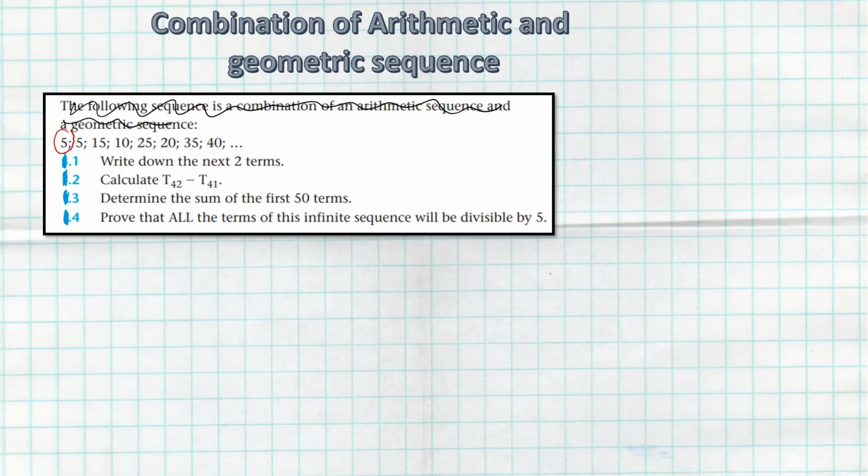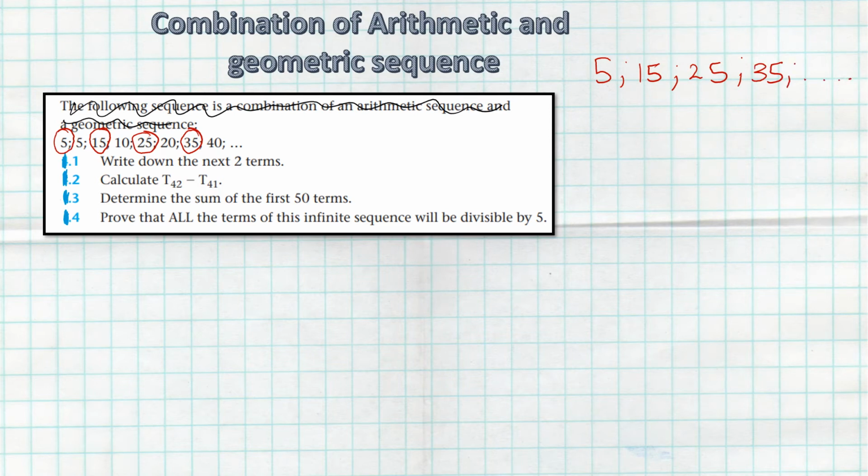You highlight the first one, skip the following one, highlight the next one, skip the next, and so on. After you have highlighted them, write them separately and check whether they form a sequence.